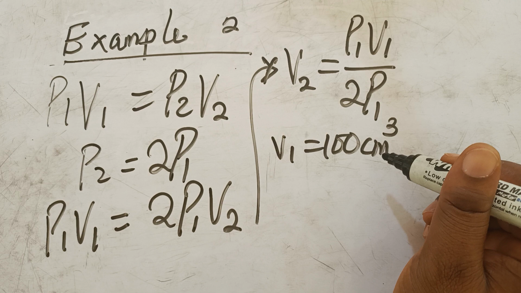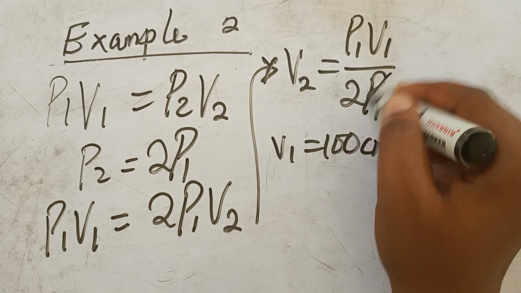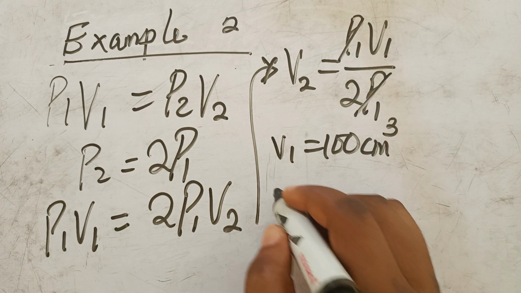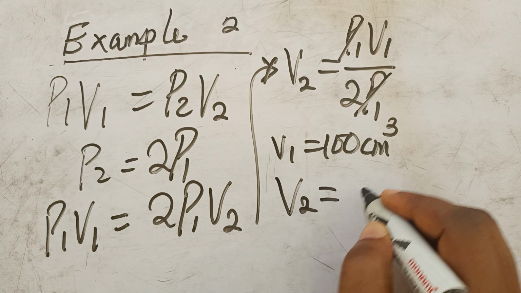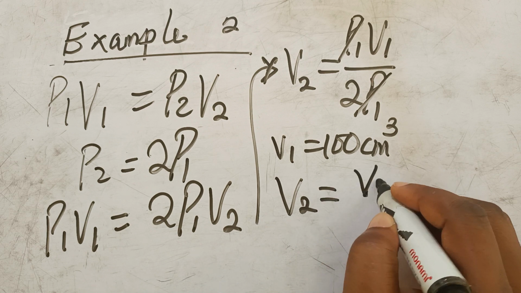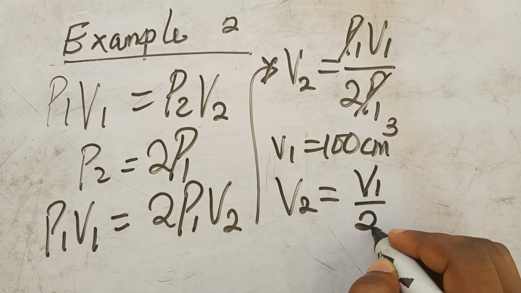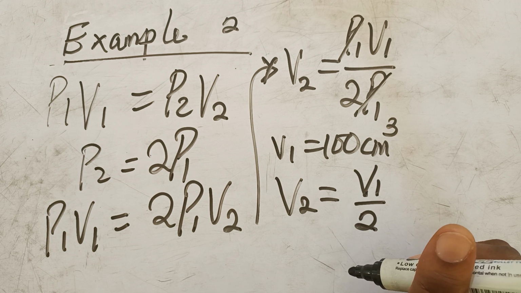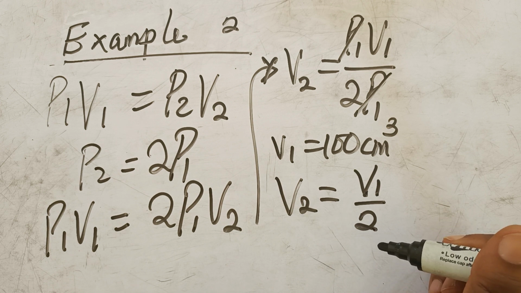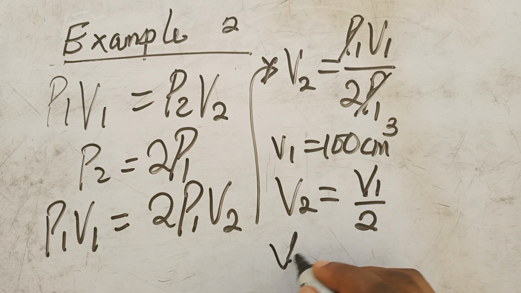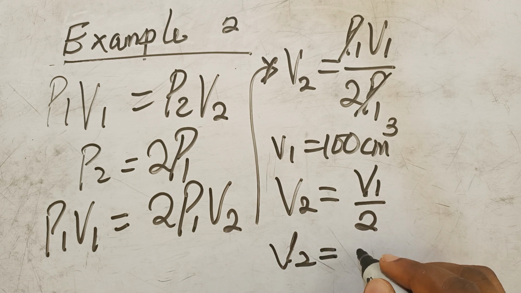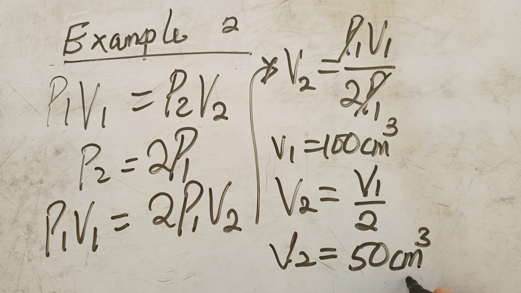The P1 can cancel out, and now we have V2 equal to V1 divided by 2. So all you have to do is divide 100 by 2 and you have your new volume. So your new volume is equal to 50 cm cube.